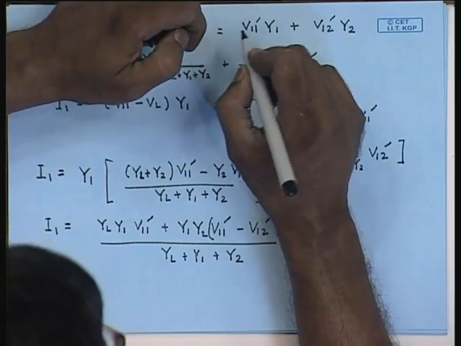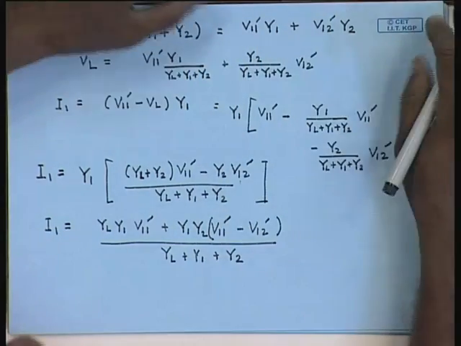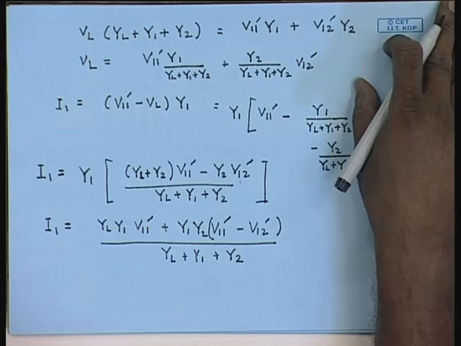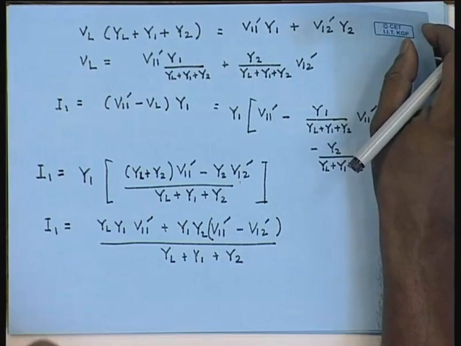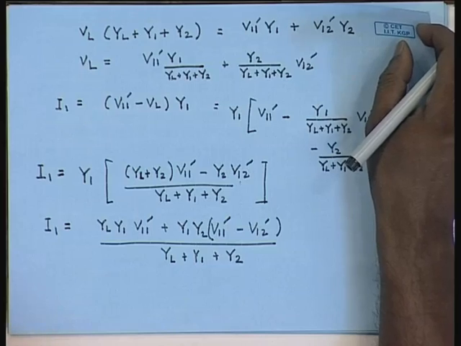The value of I2 can be found in a similar manner, and once Y1, I1 and I2 are found out, the KVA supplied by them can also be determined.